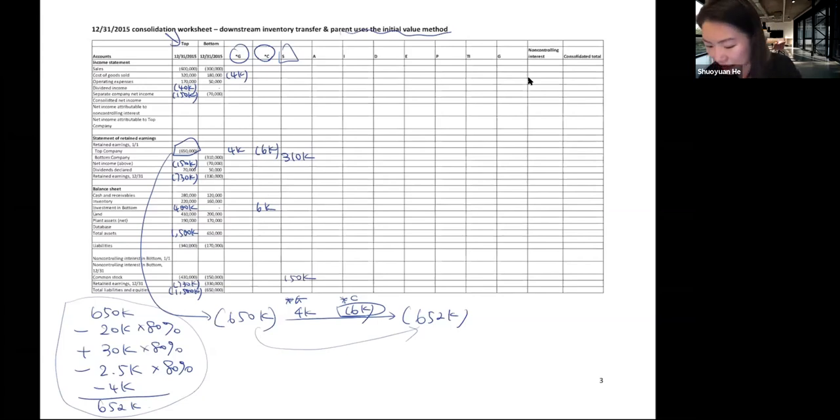We divide it between controlling and non-controlling interest. Controlling interest gets 368,000. Non-controlling interest gets 92,000. And for A, I, D, those are just what we did before, except it is under the initial value method.